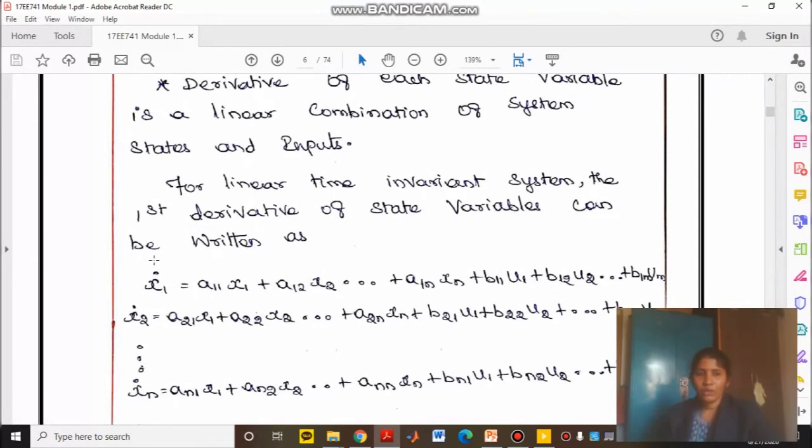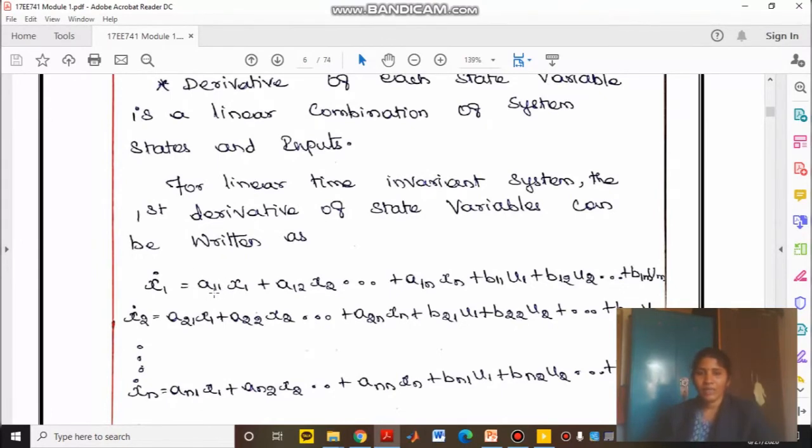And also we know that in the state variable representation, x1 dot is a function of your state variables as well as your input variables. So you need to expand it. At x is equal to x1, the constant is a11.